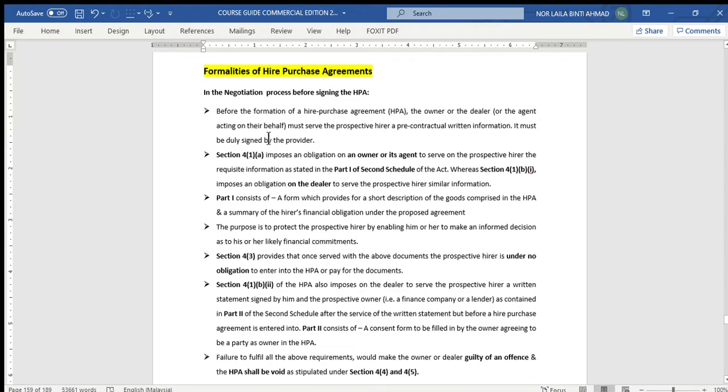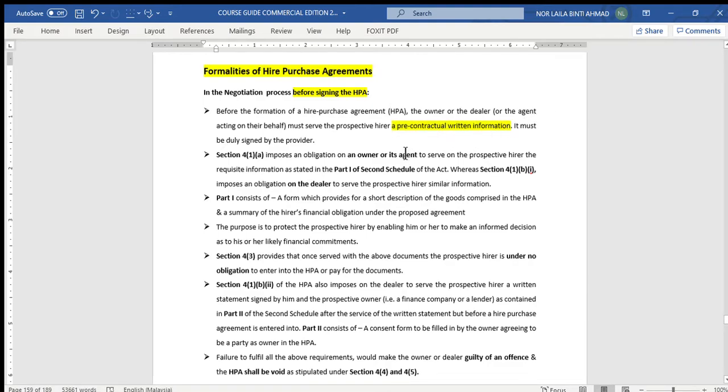In terms of formalities, it can be divided into three processes. First is the negotiation process, followed by the process of signing the hire purchase agreement, and then the process after signing the agreement. Before signing, the owner or dealer or the agent acting on their behalf must serve the prospective hirer a pre-contractual written information.